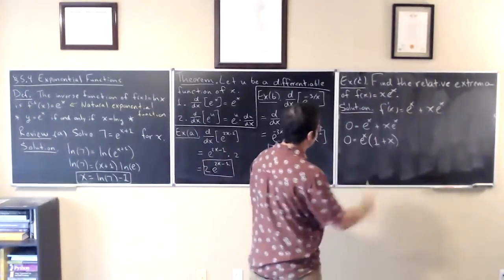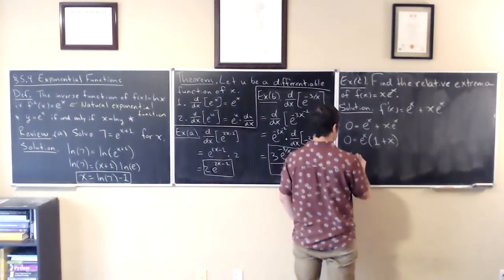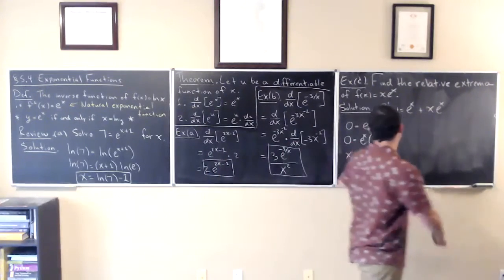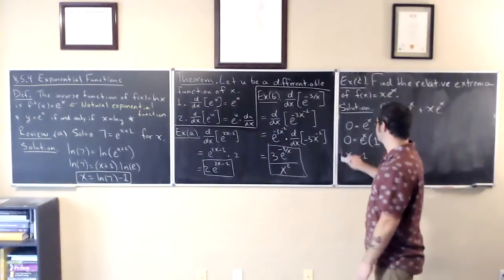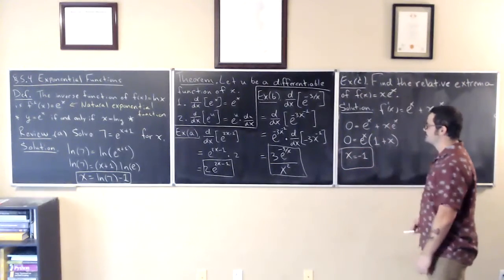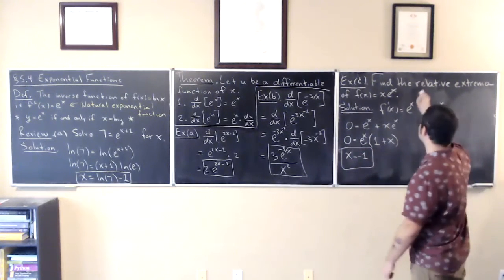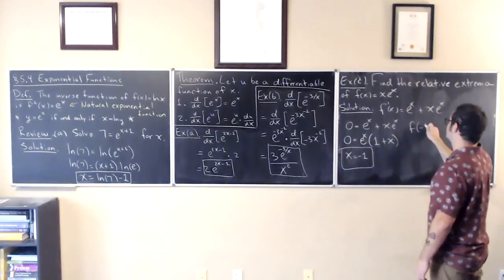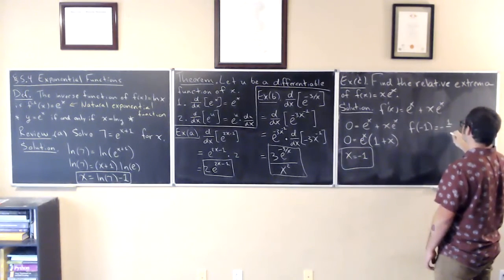And there's only one possible solution, right? x equals -1. This is always positive. And the only time this would be 0 is when x is equal to -1. So that would be a critical number, but not the solution to the answer. We need the relative extrema. So then f at -1 is going to be -1 over e.